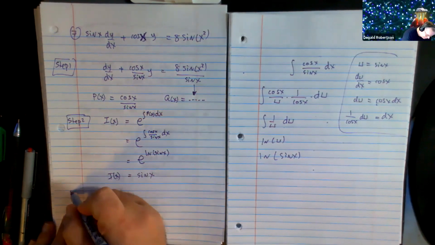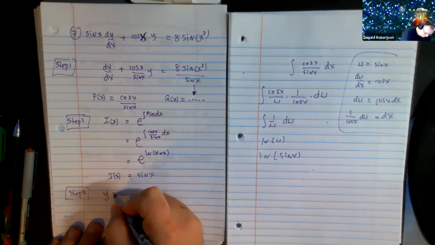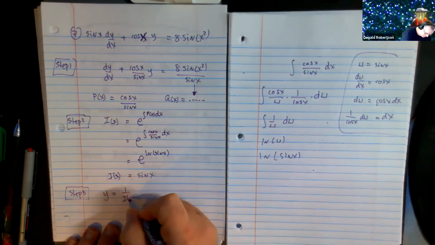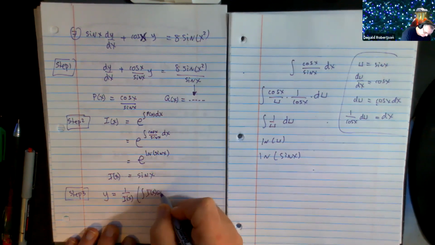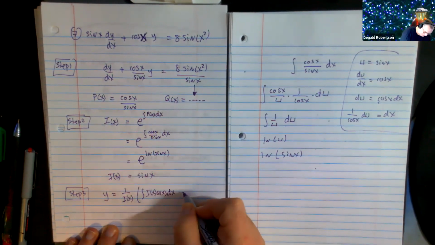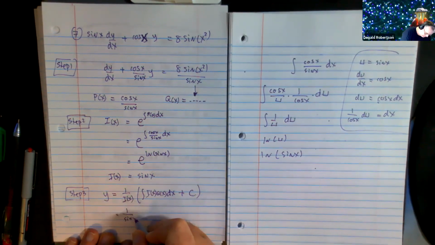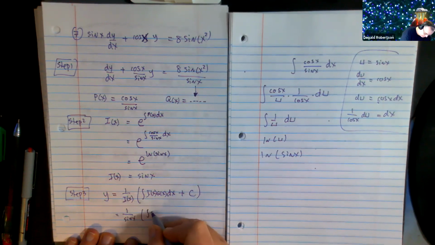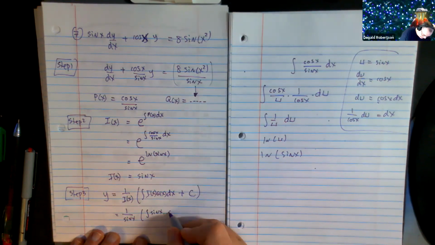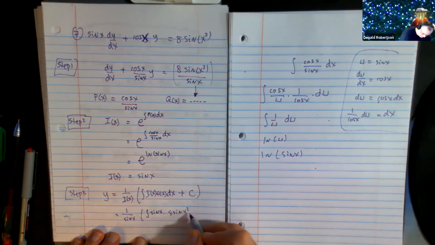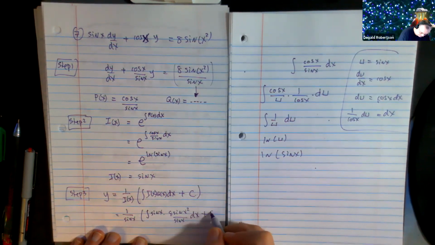So we're now on to our final step. Y, the solution, is 1 over I of x, the integral of I of x Q of x plus c. 1 over sine x, the integral of sine x times this, which is 8 sine x squared over sine x dx, add c.